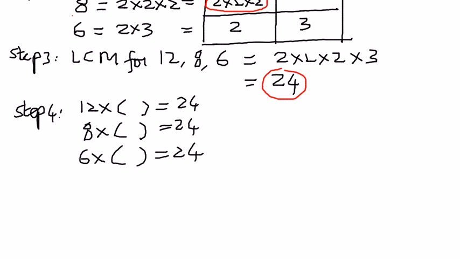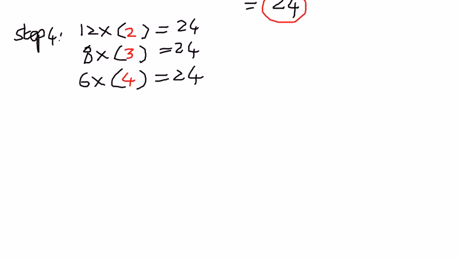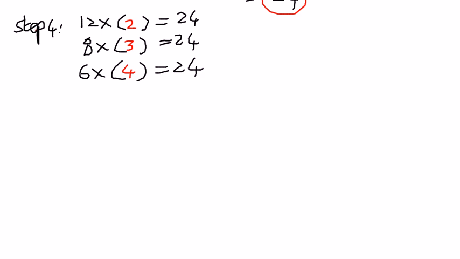So if we recall our times table, 12 times 2 is 24, 8 times 3 is 24, 6 times 4 is 24. So now we have the numbers, so therefore we can write a common denominator with the following steps.